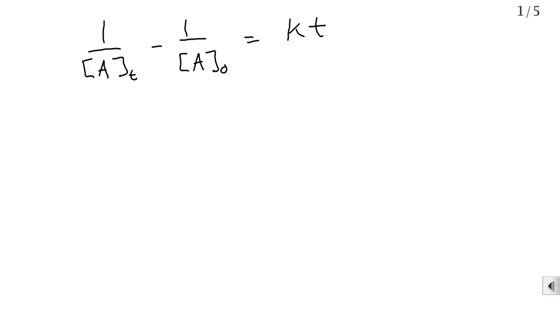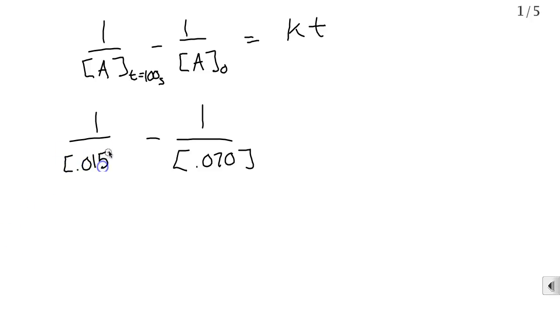So the concentration of NO2 initially was 0.070 molar. And do y'all want to pick 100 seconds? You can pick any of them. Okay. So at 100 seconds, the concentration of A is 0.015 molar, and that is equal to k.